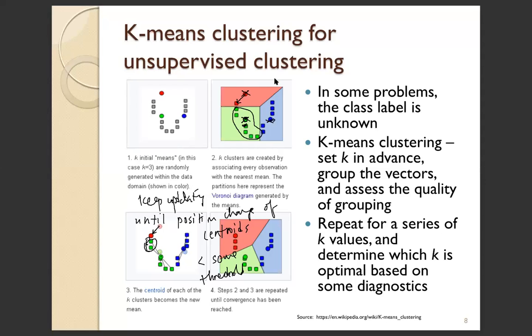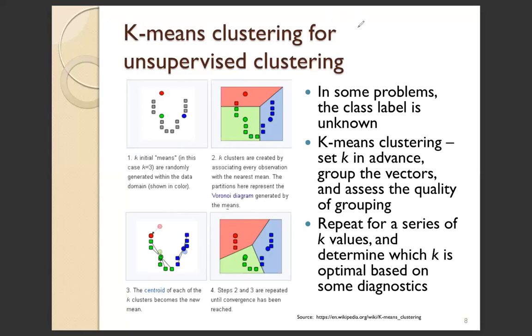After convergence, you can compute some ANOVA-like quantity. You compute the sum of squares between clusters and divide it by the sum of squares within clusters. This will give you some idea about the compactness of your clusters.